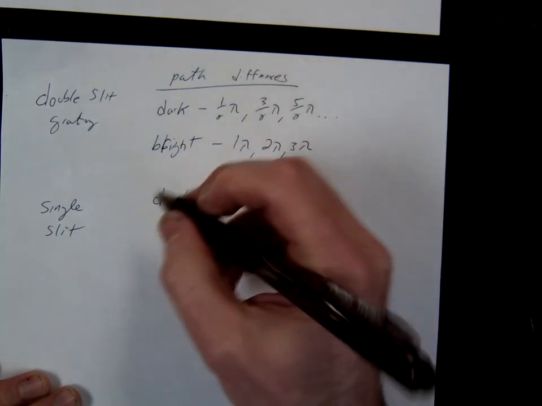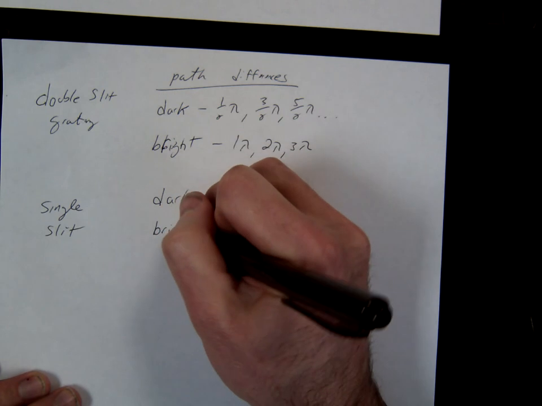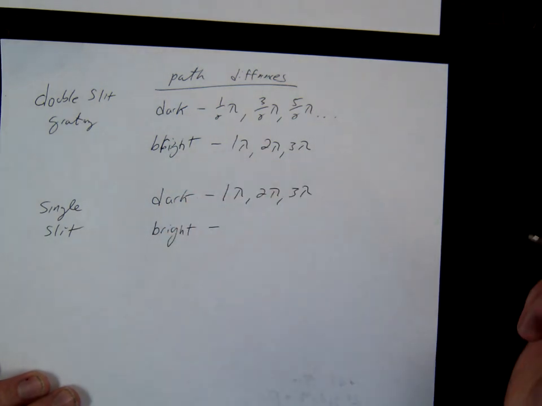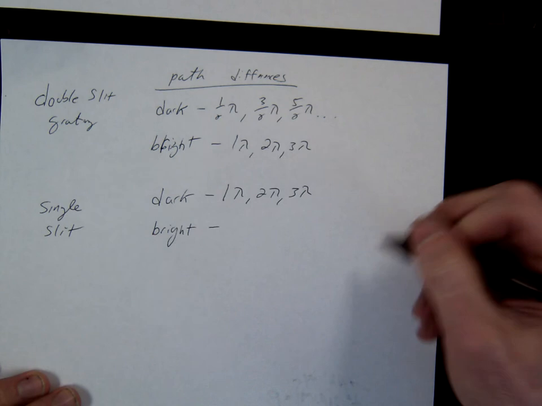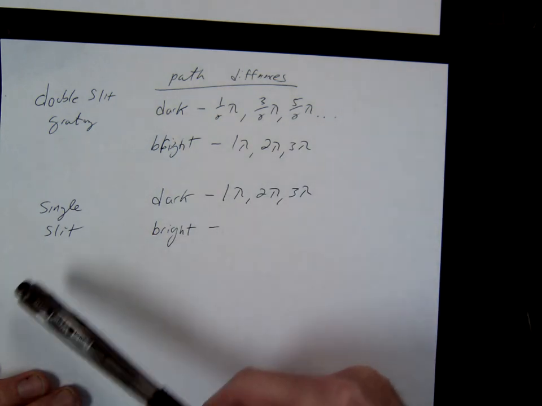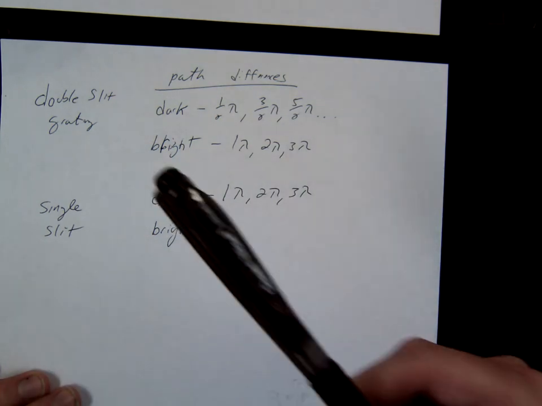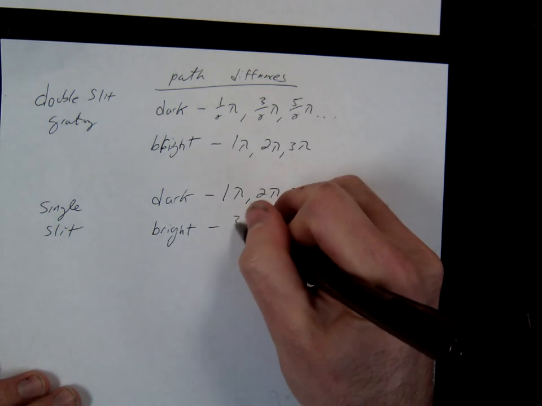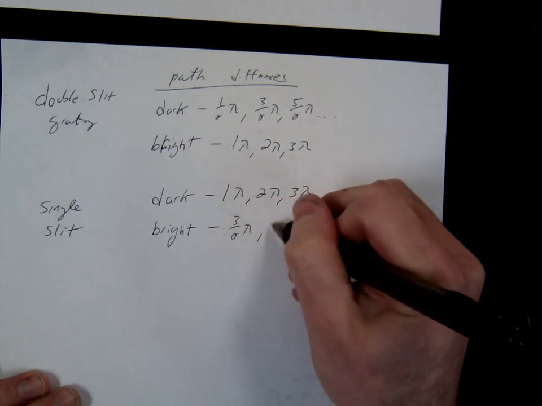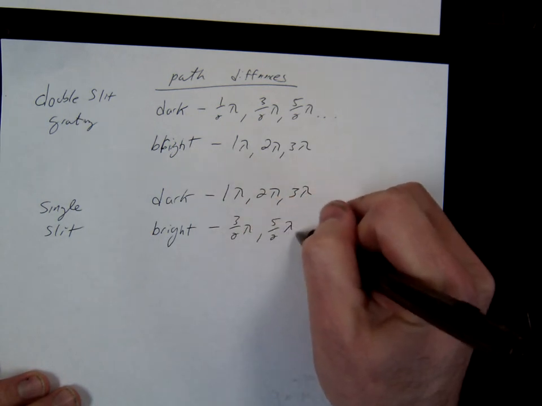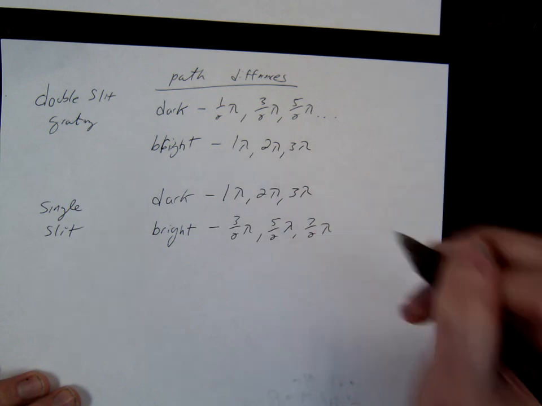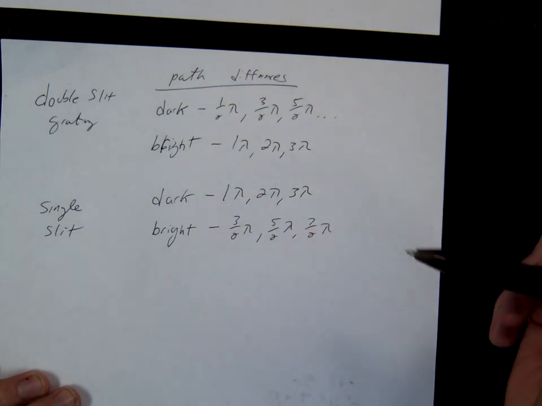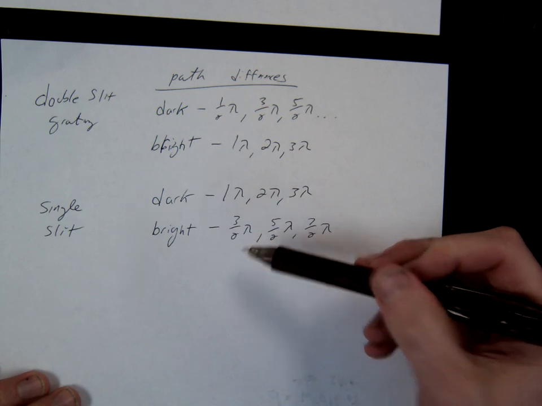And here's the part where many people make the mistake. Where does the first bright spot occur for a single slit? 3 halves. A lot of people want to just think, oh, it's the exact opposite. It's not quite the exact opposite.